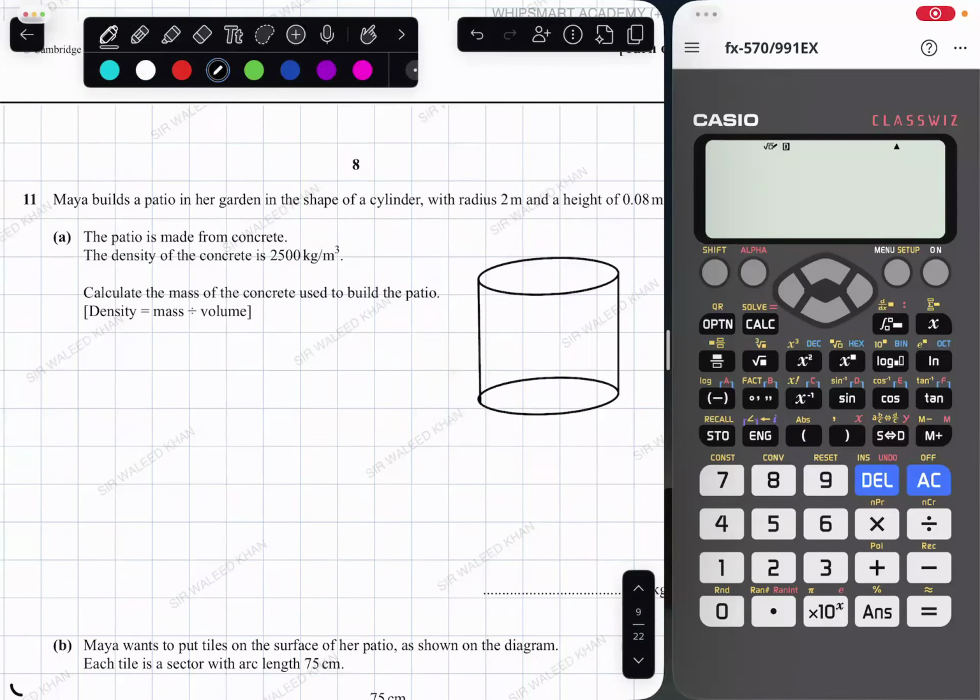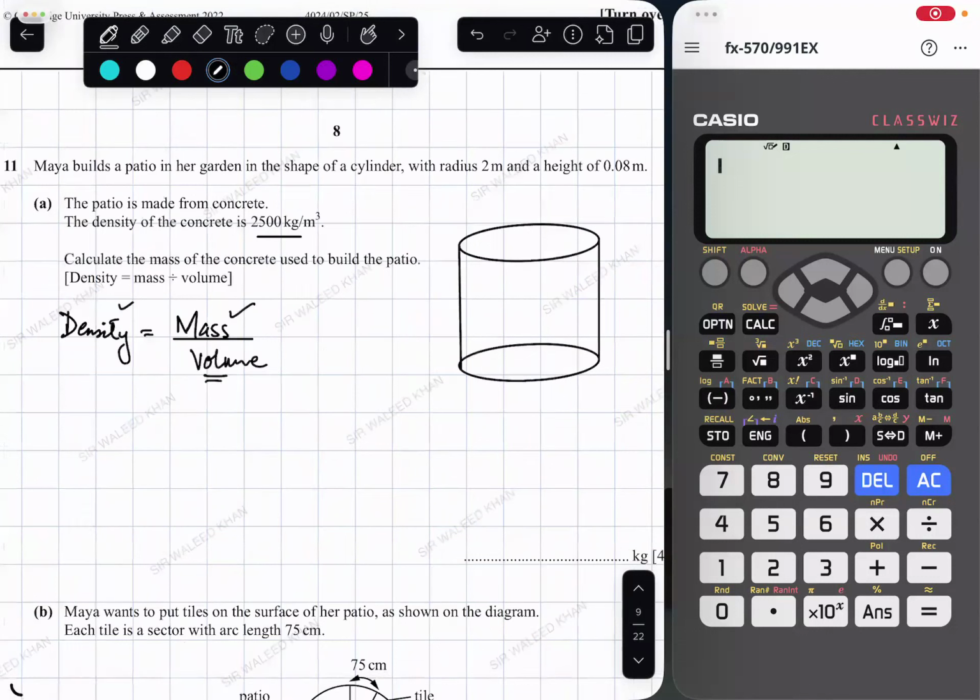Density is equal to mass divided by volume. The formula is given to you. So all you have to do is just figure out the mass. So density is given to us. Calculate the mass of the concrete. So this is required, this is given, this is missing. So first figure out the missing part.